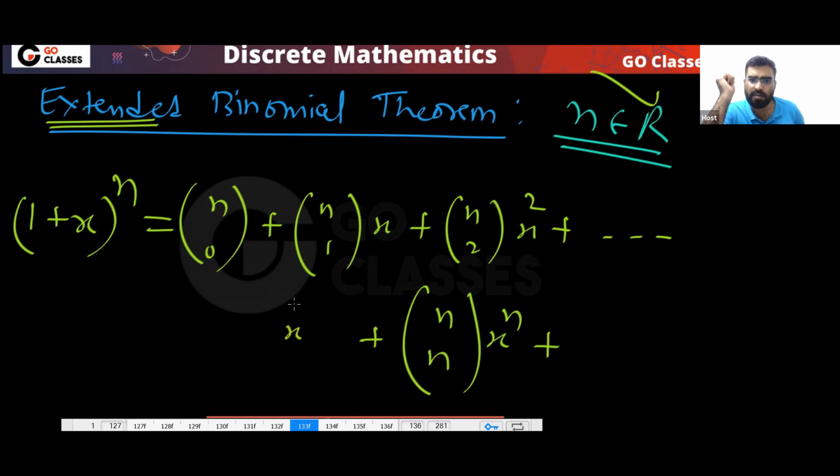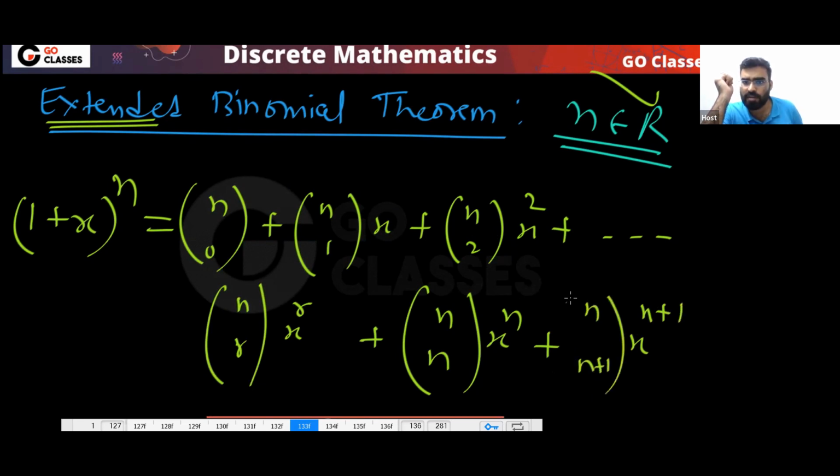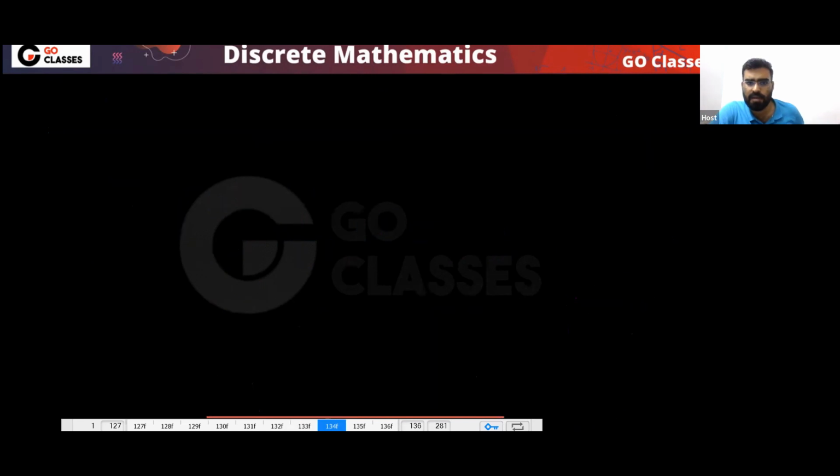Coefficient of x power r will be nCr. Coefficient of x power n plus 1 will be nC(n plus 1). Remember, because n is a real number, this will not become 0. Is it clear?